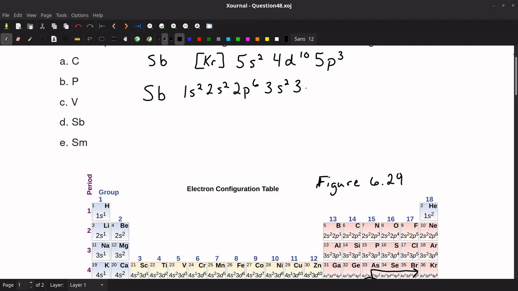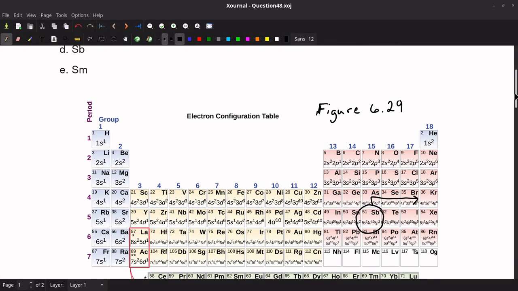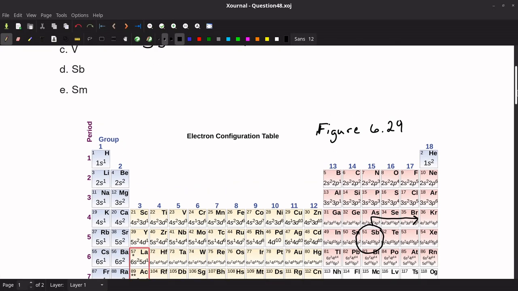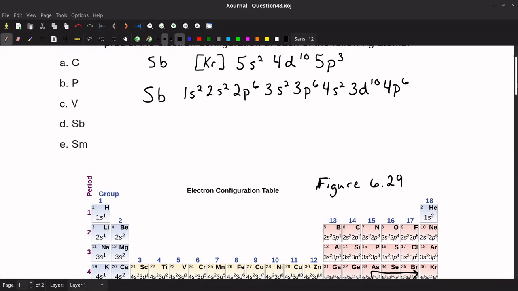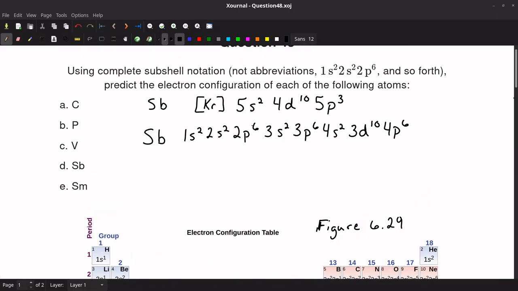3s2, 3p6, krypton, 4s2, 3d10, 4p6, and then 5s2, 4d10, 5p3, this section right here.